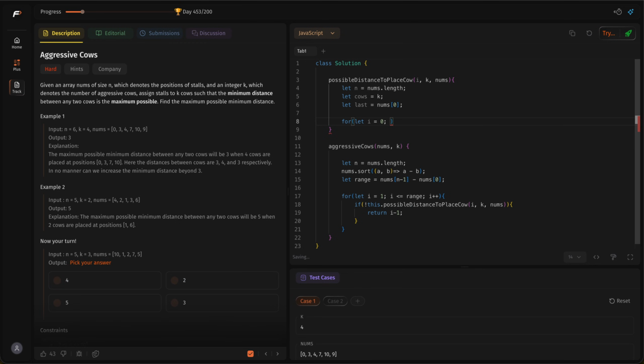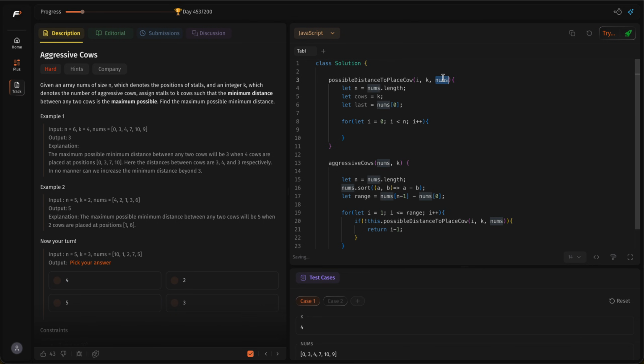So this is for let i equal 0, i less than or equal to n, and i plus plus. Over here I'm iterating on this particular nums array, and I will check while iterating on this array whether this particular distance which I am carrying from here is possible for me to place the cow or not.